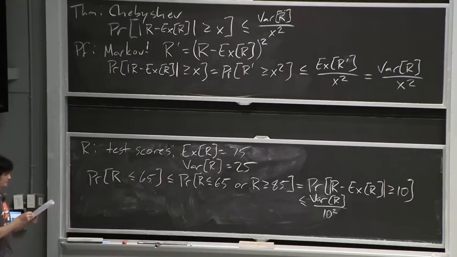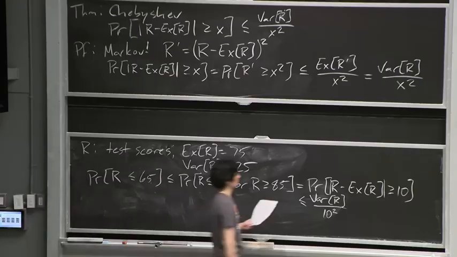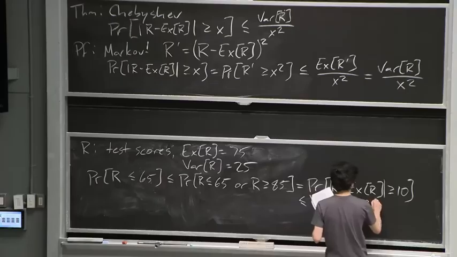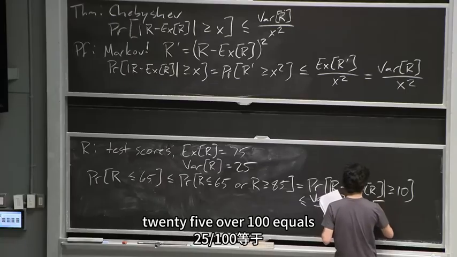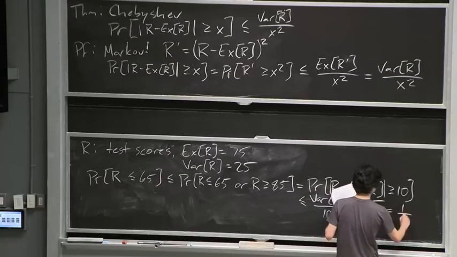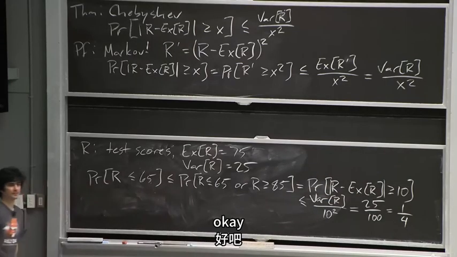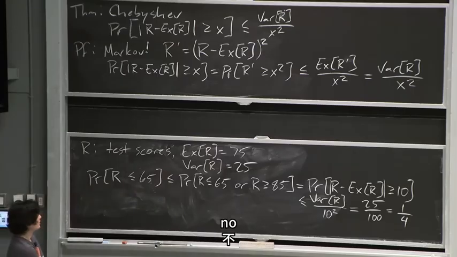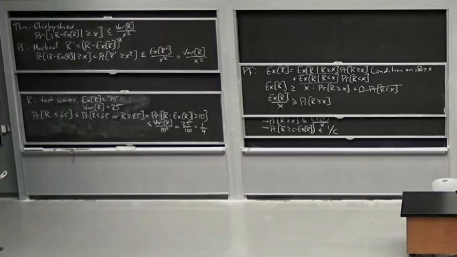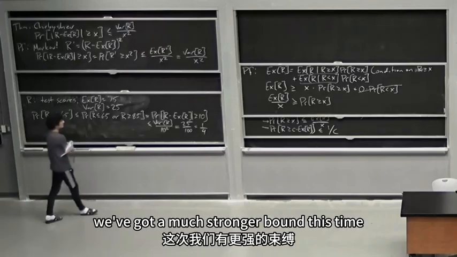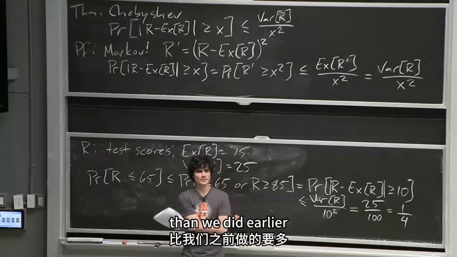That's 25 over 100, which equals 1/4. Now, we've got a much stronger bound this time than we did earlier.